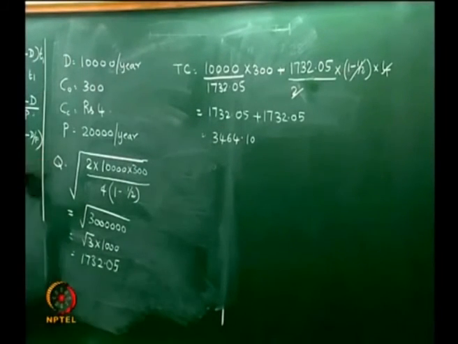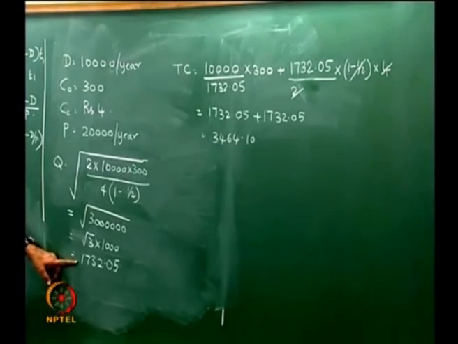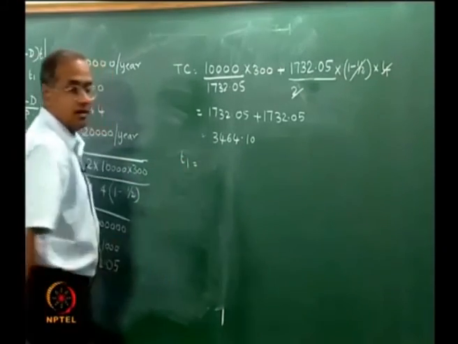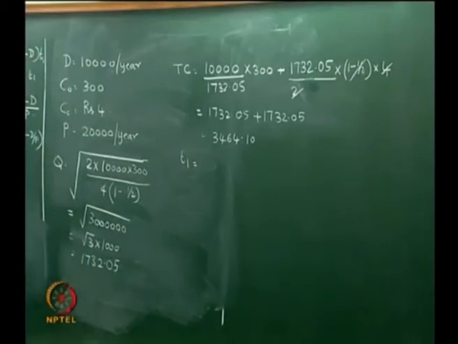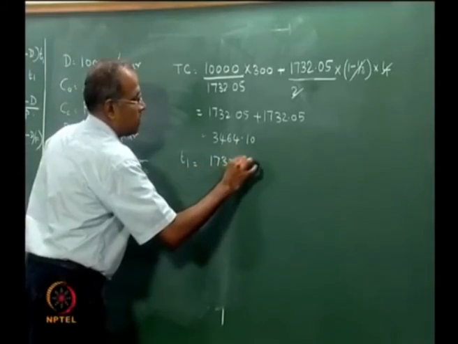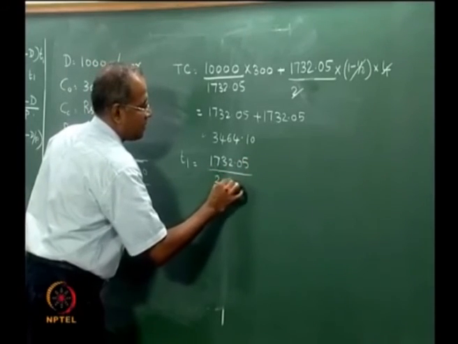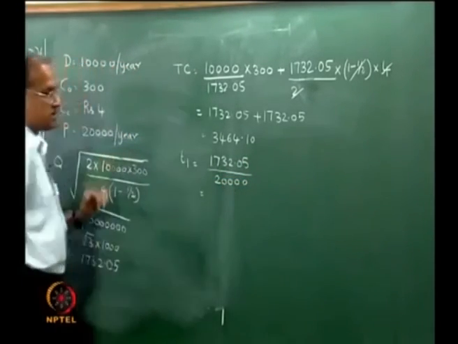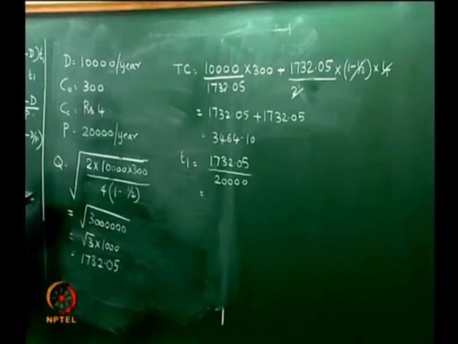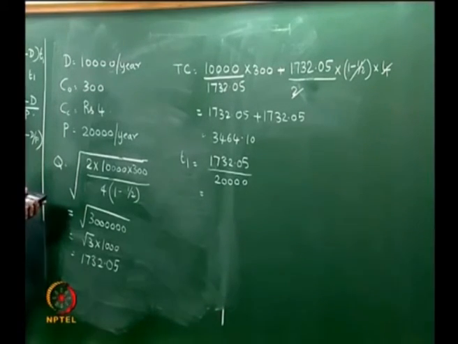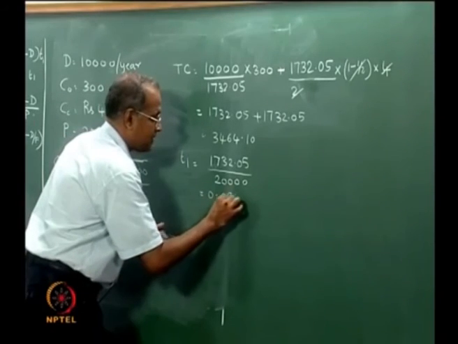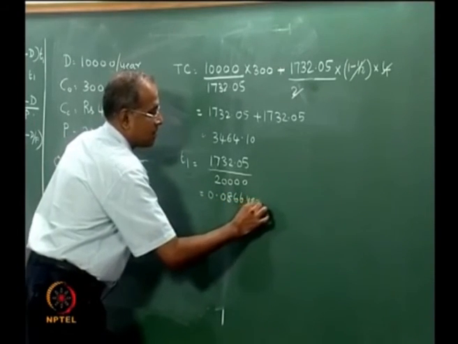So, when we produce a quantity of 1732.05, we also produce for a time T1. T1 is equal to Q by P, which is 1732.05 divided by 20,000, which is 0.0866 years.